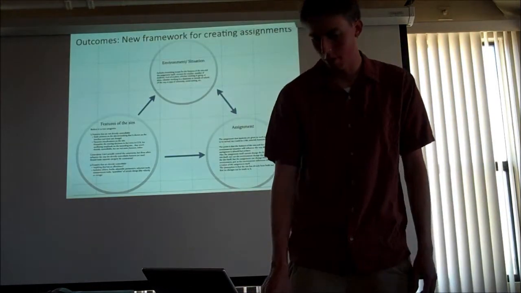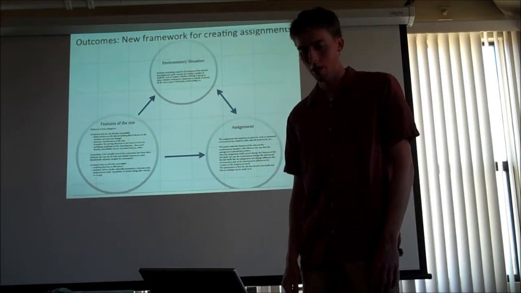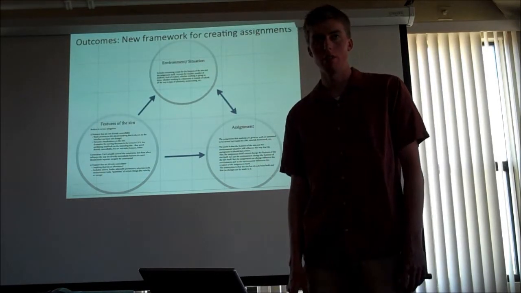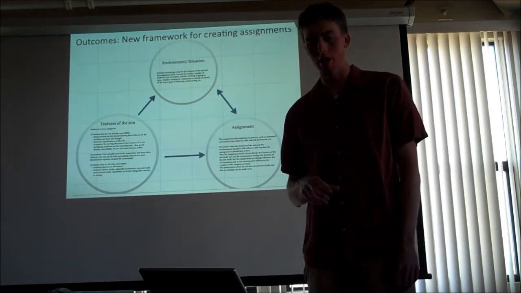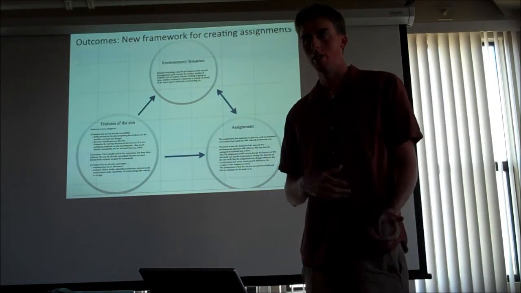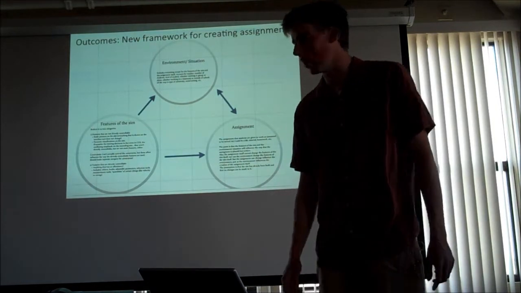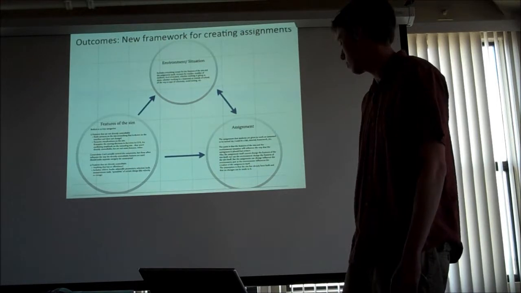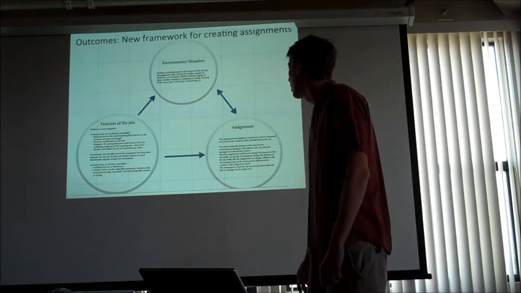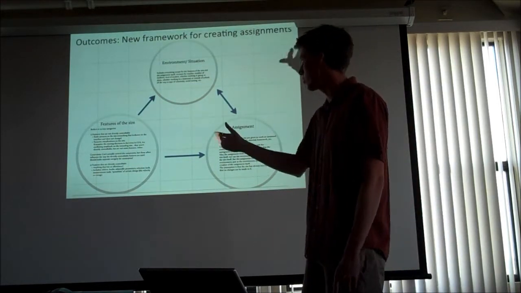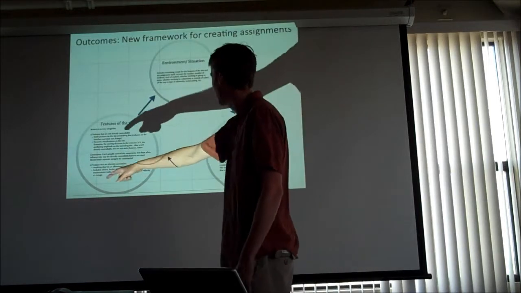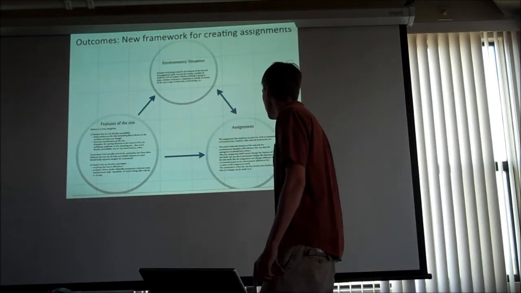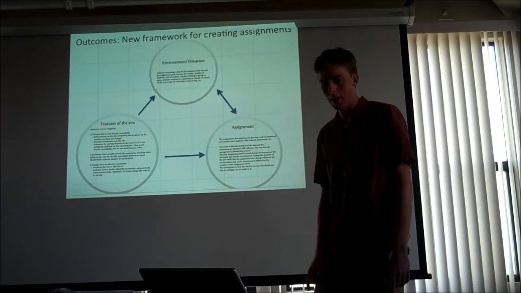So with those heuristics, one thing we felt was that the heuristics in themselves weren't enough to account for when to use them and how to apply them. So we came up with this framework, and basically you have features of the sim over here on the left, environment, situation, and then assignment here.